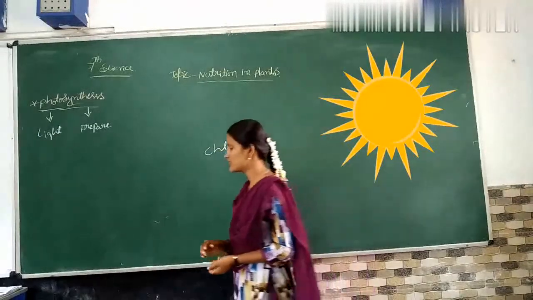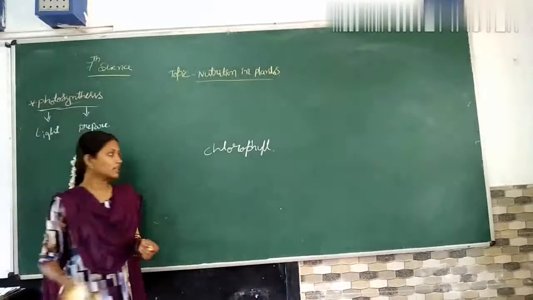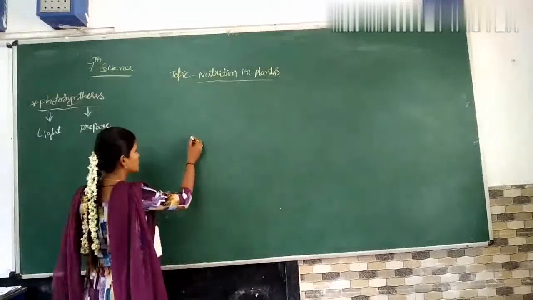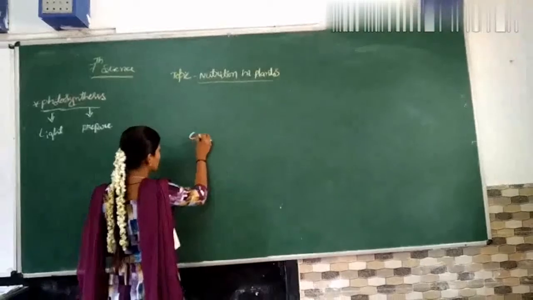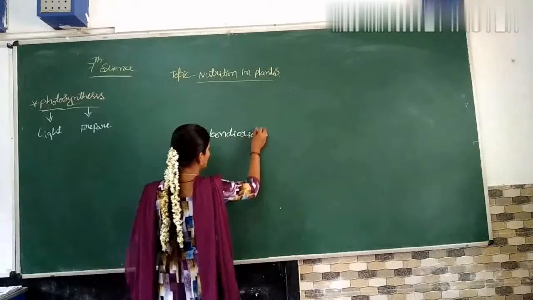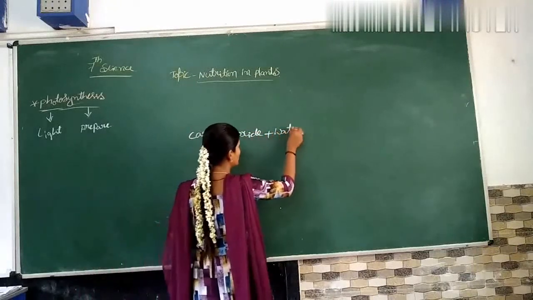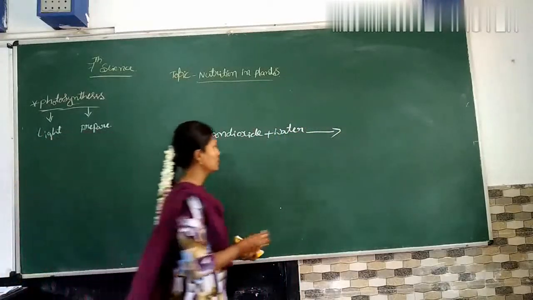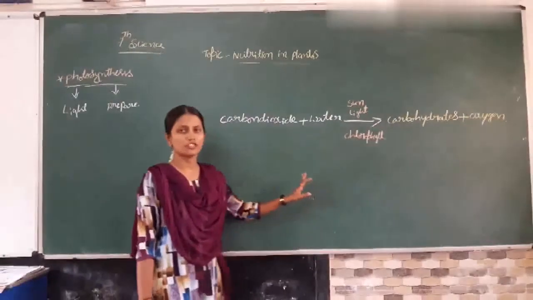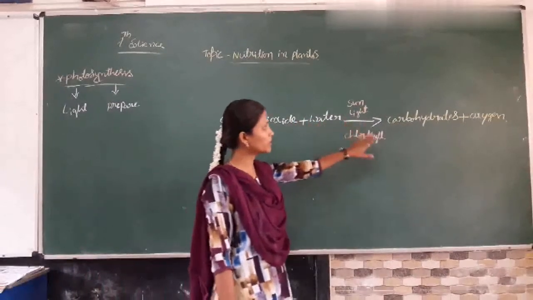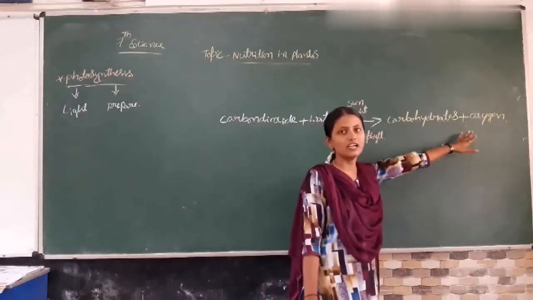See, what happens during the photosynthesis process? It can be represented by a chemical equation: carbon dioxide plus water gives rise to carbohydrate and oxygen.